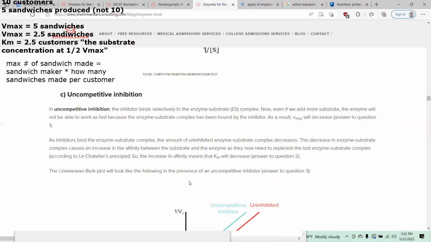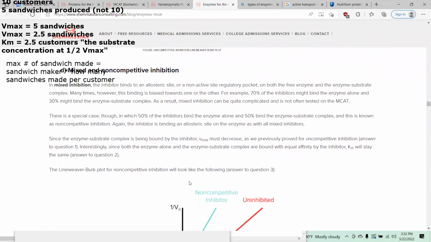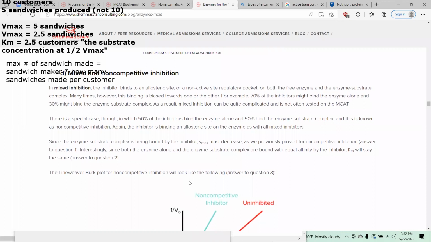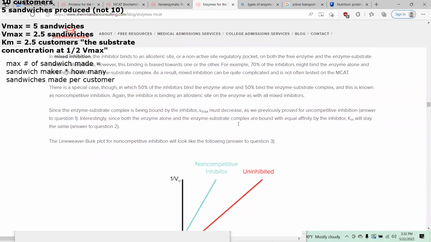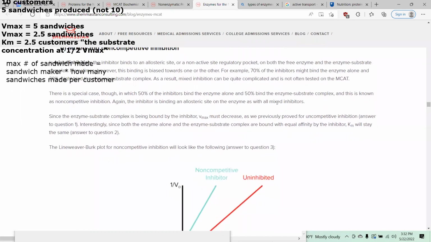Hold on. Mixed inhibition: the inhibitor binds to an allosteric site, where the binding is biased towards either the free enzyme or the enzyme-substrate complex. Mixed inhibition can be quite complicated and is not often tested on the MCAT. Non-competitive is a special case in which 50% of the inhibitors bind the enzyme alone and 50% bind the enzyme-substrate complex. Okay, 50%, 50%, that's what it is.